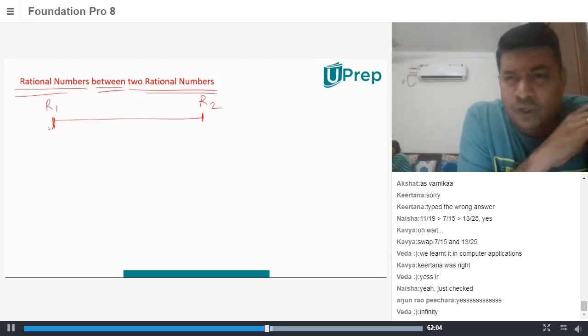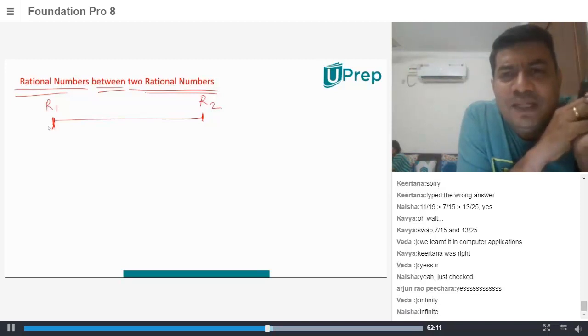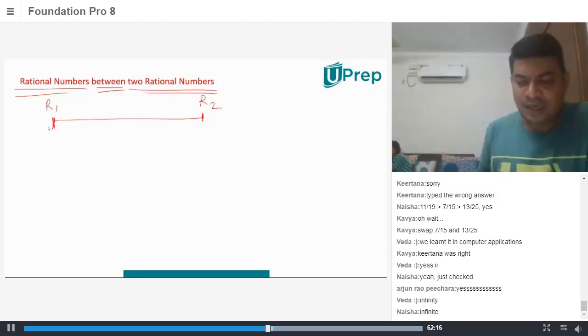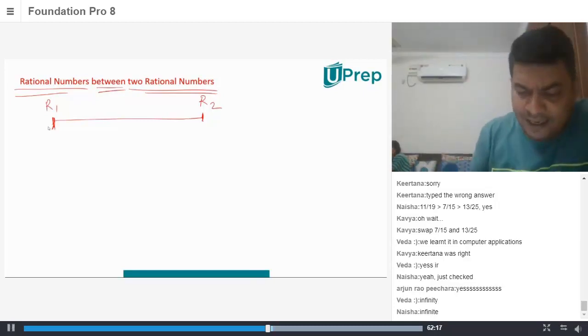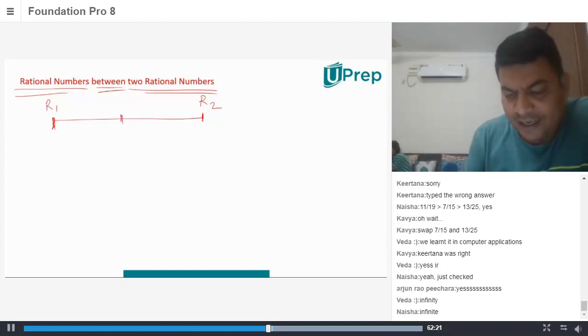In school you are supposed to learn a particular method called the mean method of introducing rational numbers between any two rational numbers. Let's learn that. I can take a rational number between R1 and R2.